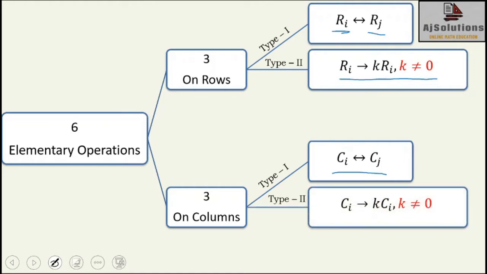And in type 3 elementary transformation, we replace a row or column by adding that row or column with some non-zero scalar multiple of another row or column.